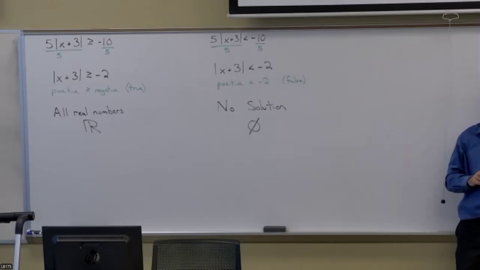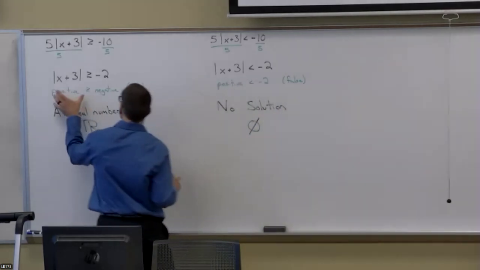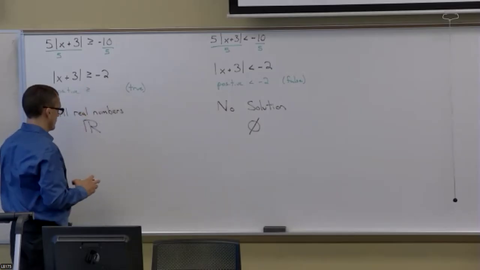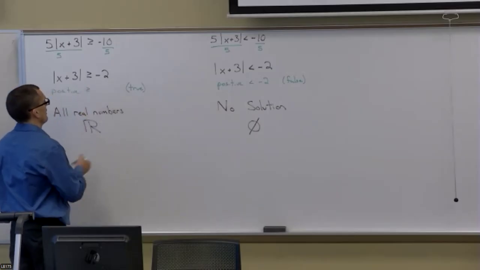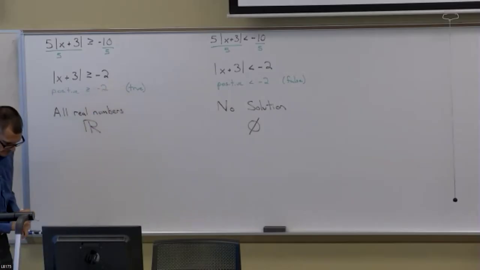If this positive thing is always greater than or equal to -2, that's always true. If we have something that's always positive saying it's less than a negative, that's always false.